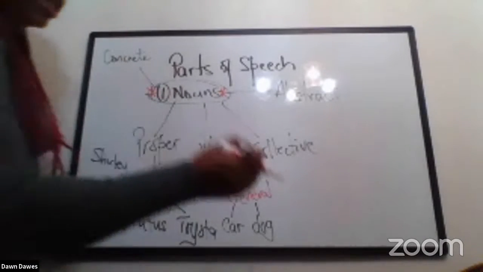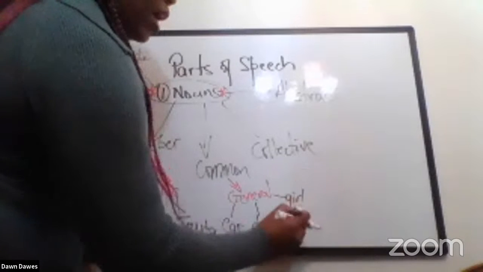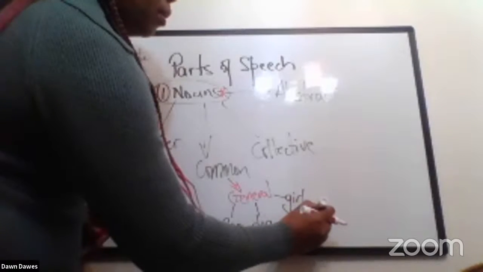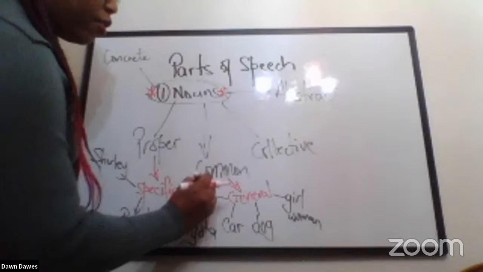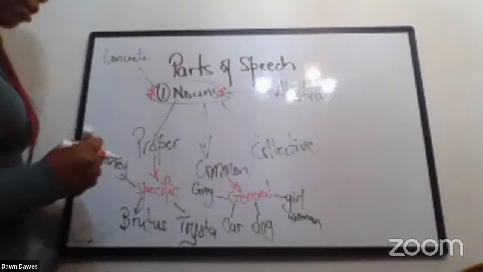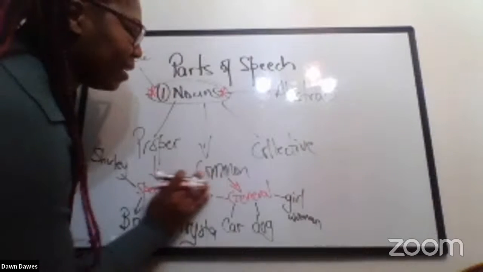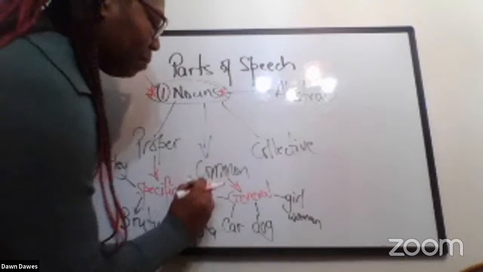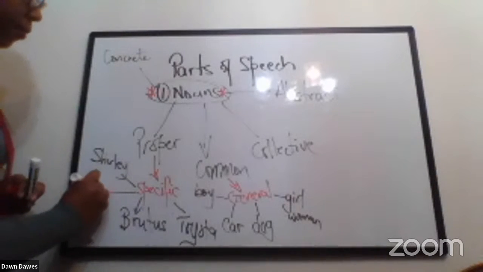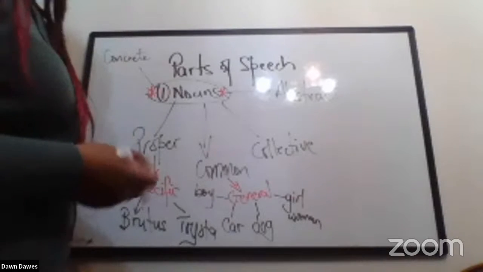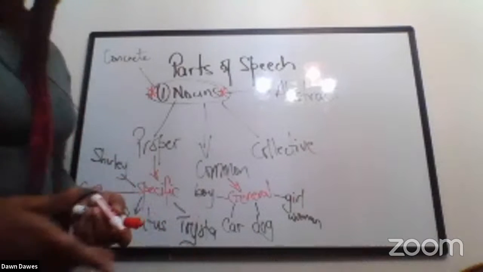For Shirley, we would have girl, or we would have woman. For Greg, no, sorry, this would be boy. My bad. This would be boy for Greg.